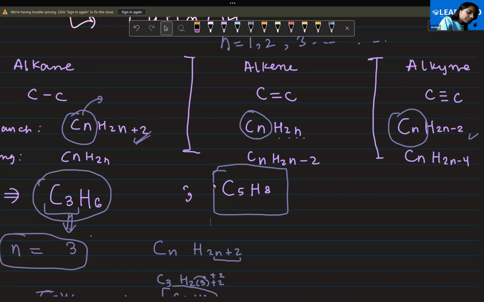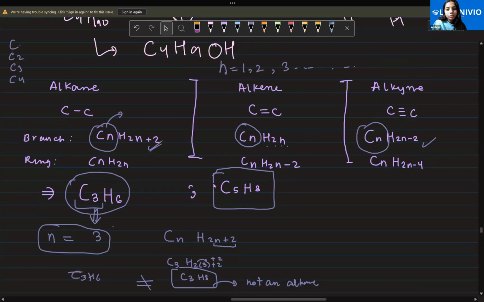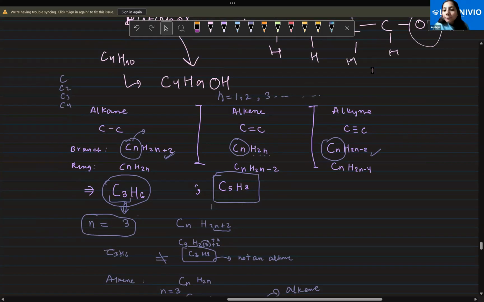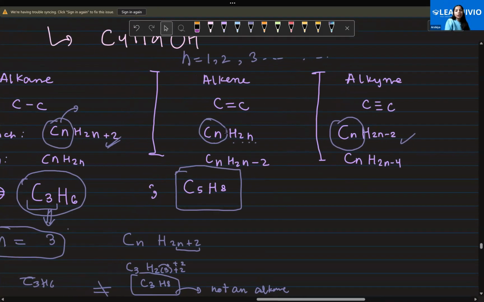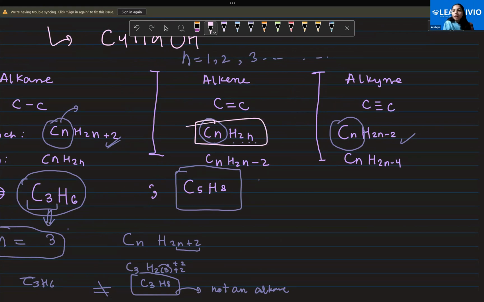Ma'am, it's an alkene. Okay, let me check. Alkene means that if it's 5, then it should be double, right? Alkene with a double bond. Yes, ma'am. So for C5, it should be 2 into 5.